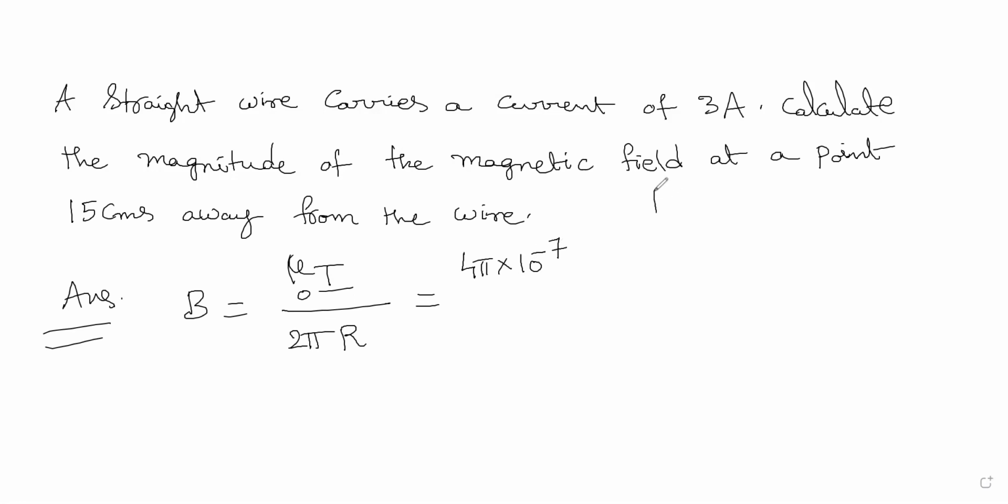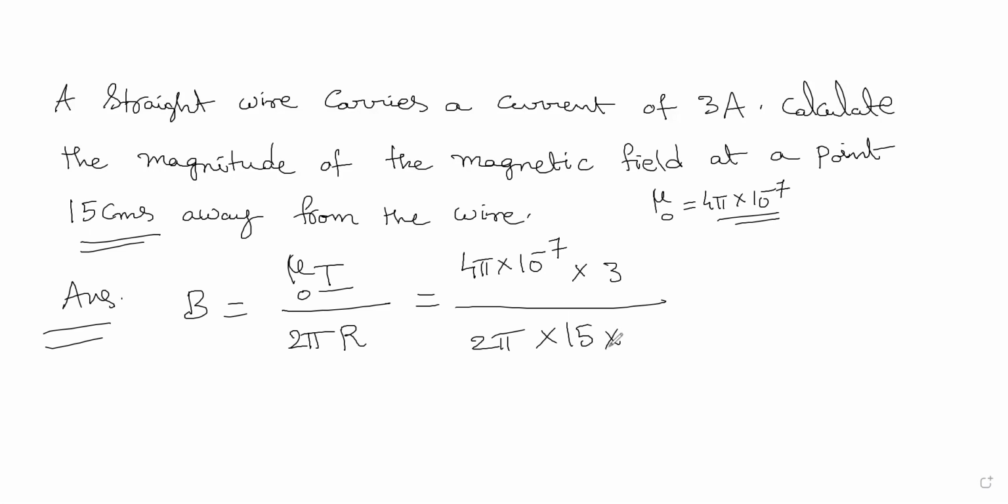Remember this. And I is 3 amps, divided by 2 pi. At what distance? 15 centimeters away, that is 15 into 10 to the power of minus 2 meters. So you can plug in those numbers.